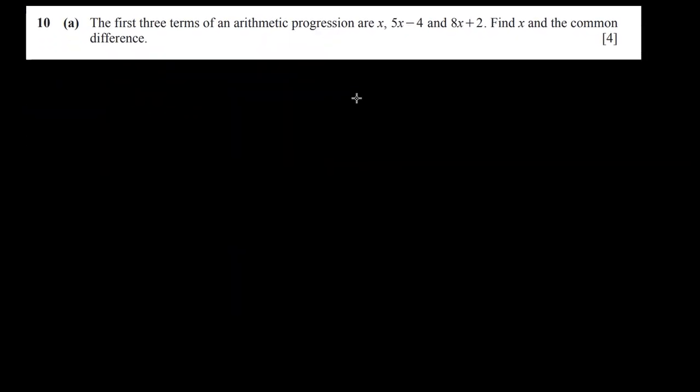Question number 10. The first 3 terms of an arithmetic progression are x, 5x minus 4, and 8x plus 2. x is unknown, right? They're asking us to find x and the common difference, all right? So let's take the help of common difference to find x. How come?